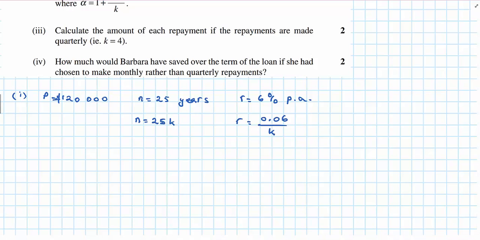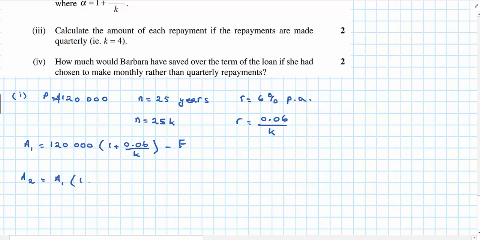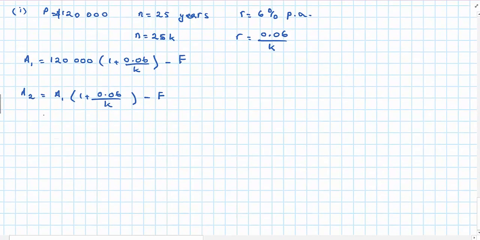Okay, so first month, principal. Now we know how this works. A1 is 120,000 times 1 plus 0.06 over K to the power of 1, minus F. A2 would be A1 times 1 plus 0.06 over K, minus F. And then once we substitute A1 in, hopefully you've done so many of these that you know what it's going to look like.